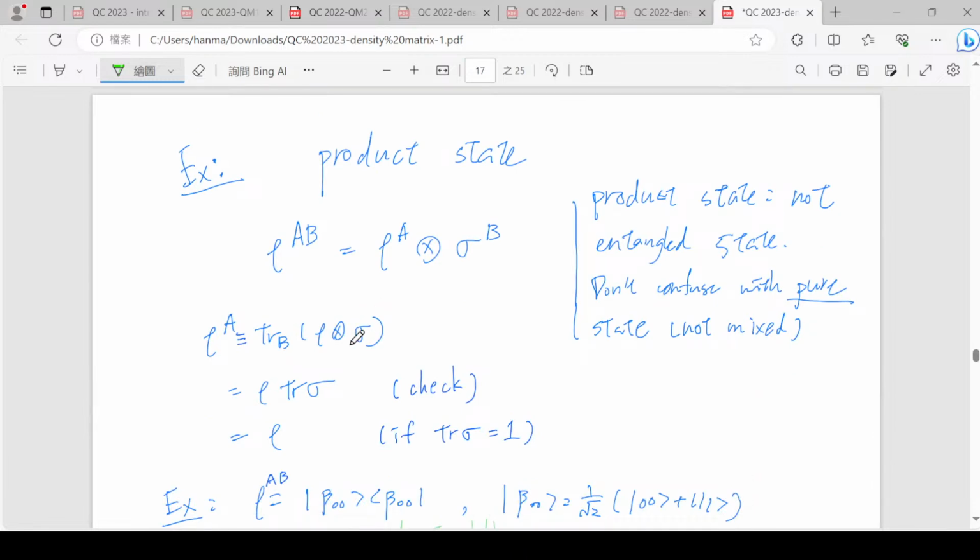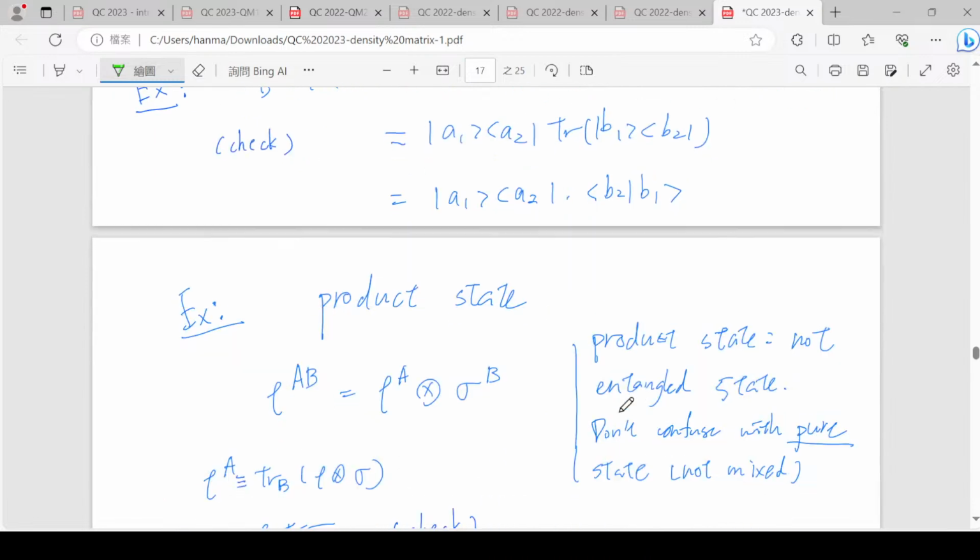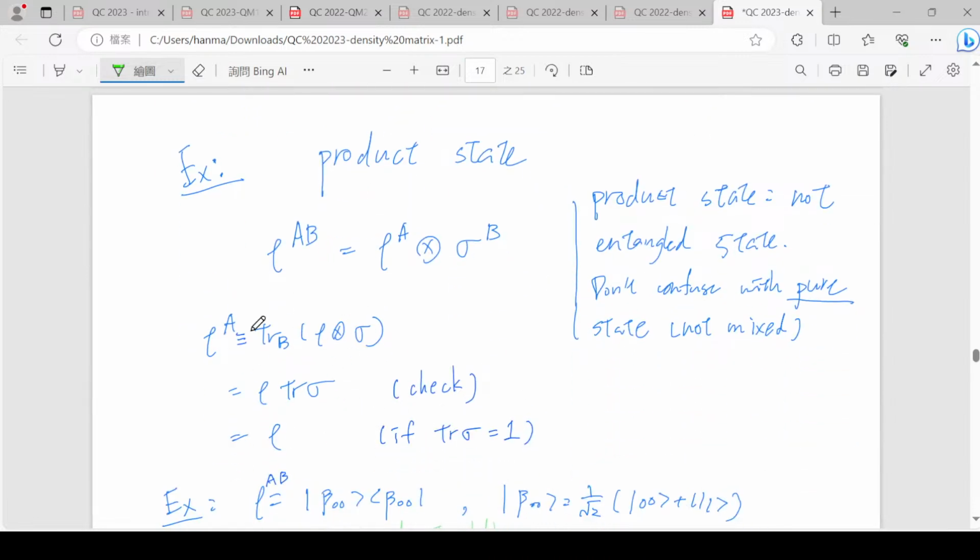You can write the sigma, break it into a conventional basis and check the linearity. And you will see that the trace over B is actually just trace sigma, and here we see that the normalization of the density matrix is useful because trace sigma will equal 1, and then you get rho back.